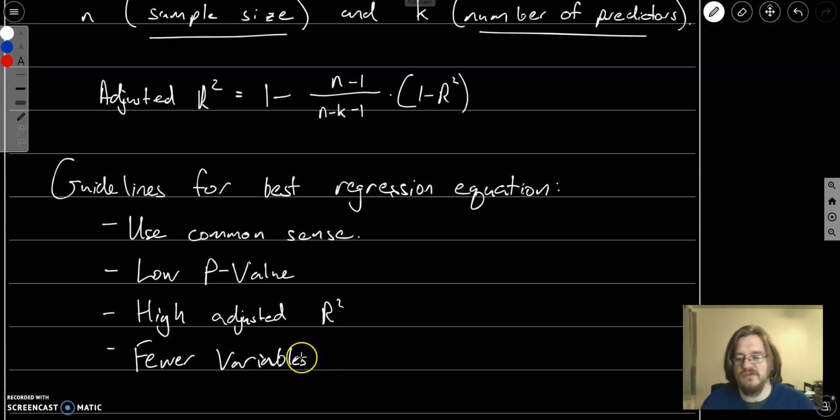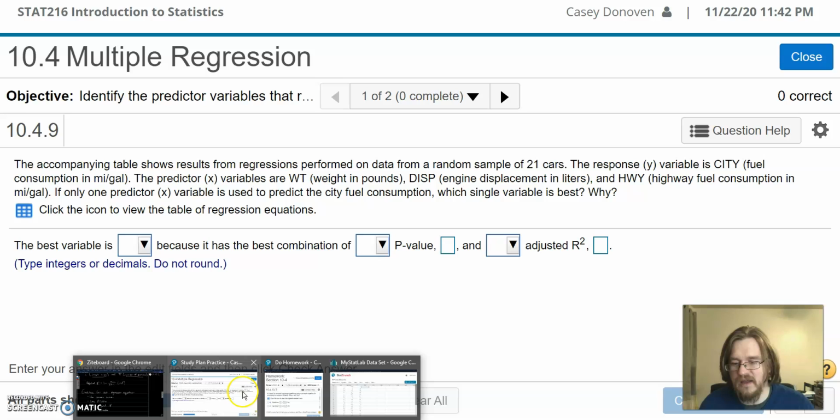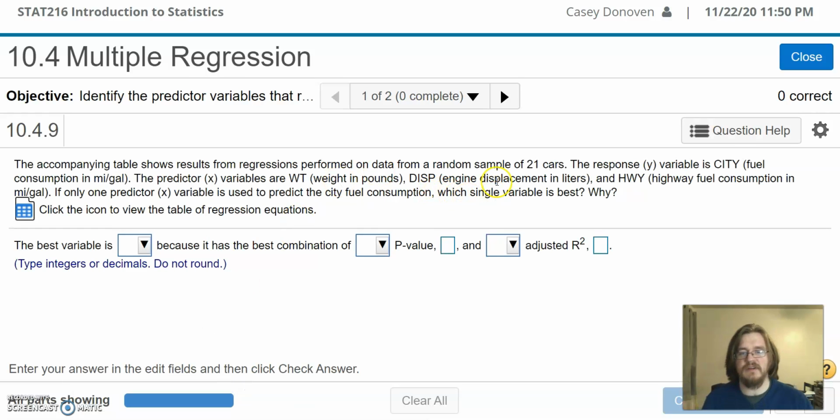So I want to go through a quick example here. This is just a practice problem in my math lab, and it gives us a table, and what it did is it did multiple regressions on data from some cars.